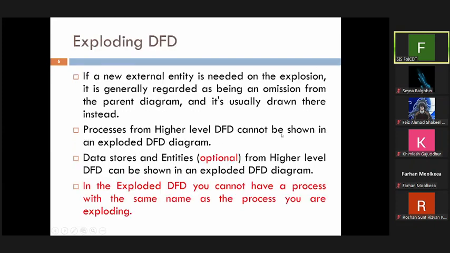Processes from the higher level DFD cannot be shown in an exploded DFD. So we didn't show process number 2 that was linked; we just show the data flow. Data stores and entities can be shown. For clarity, I'm showing them, and I want you to show them in the test and exam also.